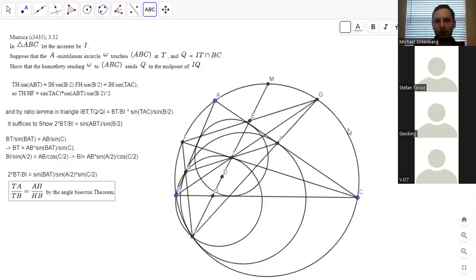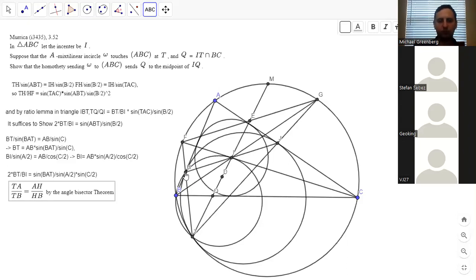Let's see. Oh, but this H is not the foot of the altitude from C. How would we get AH over HB? Because H is not the foot of the altitude.